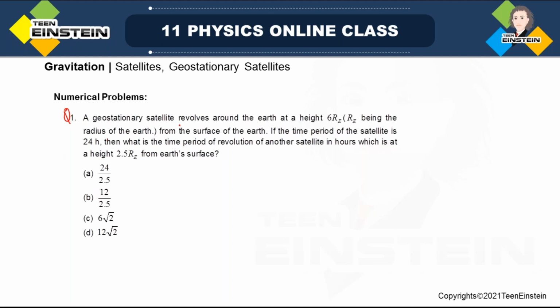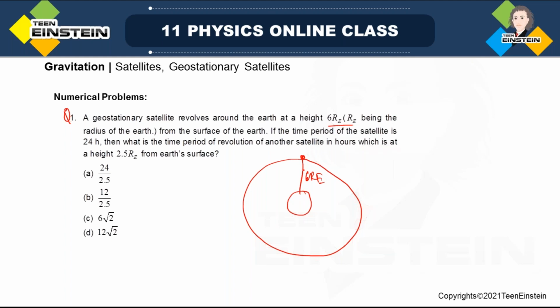A geostationary satellite revolves around the earth at a height 6 RE from the earth's surface. So from the earth's surface it is at 6 RE distance away.